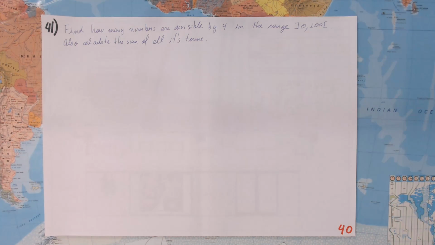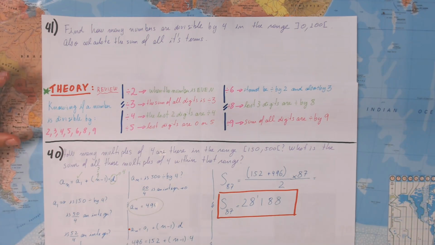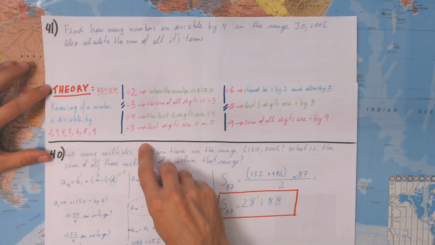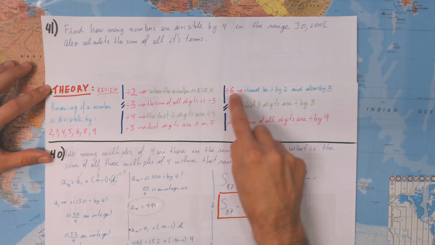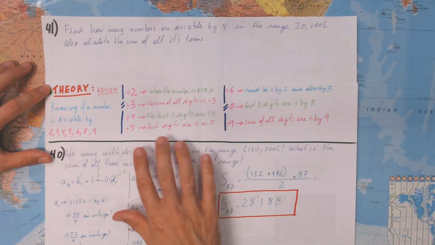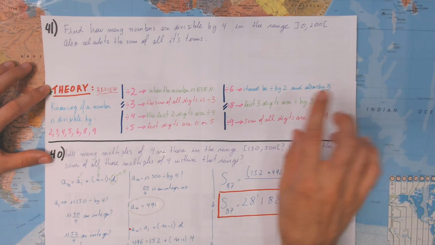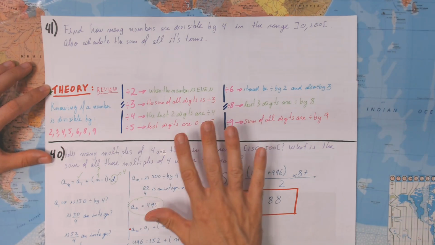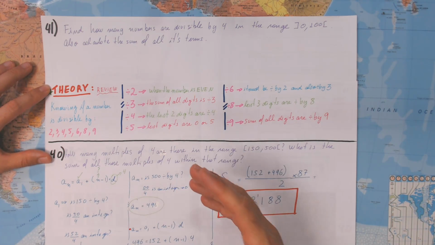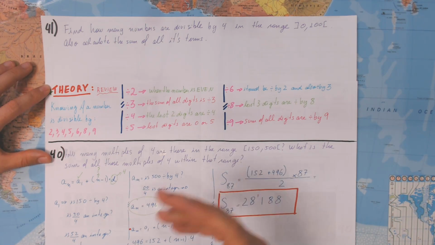Now, if you don't remember, this was our last exercise. Just pause for a moment to know how you can tell that a number is divisible by 2, 3, 4, 5, 6, 8, and 9, okay? Just pause for a minute, read this one through again, and in case you don't know each one of them, you should, okay? This is very important, because sometimes we need to know if something is going to be divisible, we need to know if some number is going to be an integer, and so on.